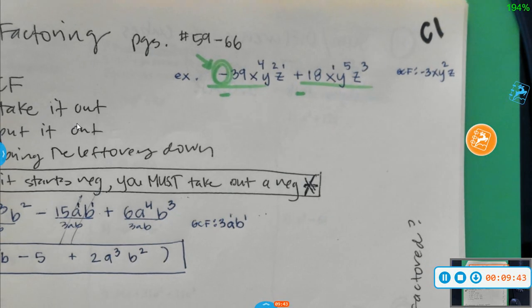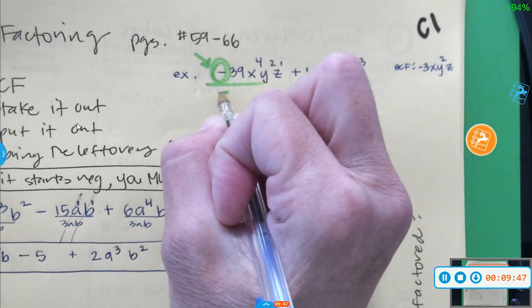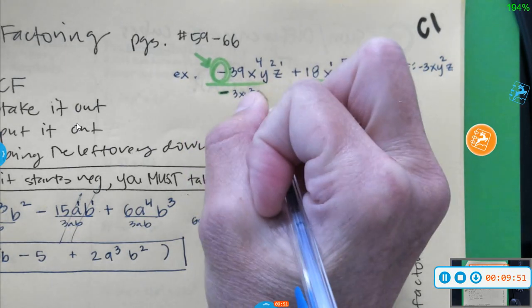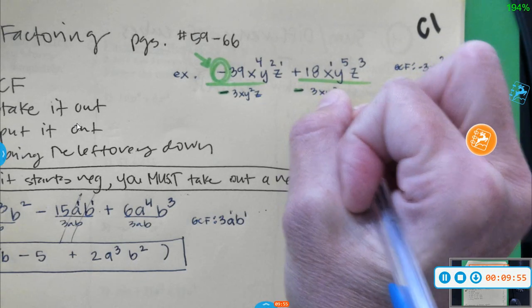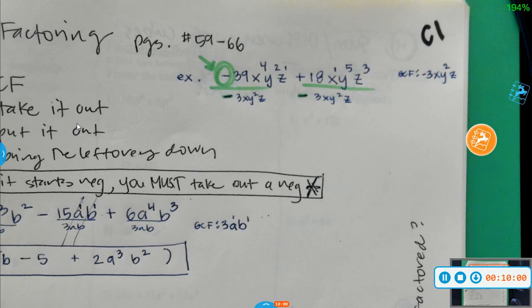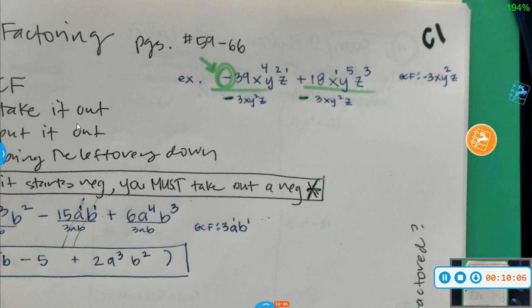All right, then we will follow our rules. Number 1, take it out. So I'm going to take out a -3 x y squared z and a -3 x y squared z. I take it out of both of the terms. If there's 2 terms, you take it out twice, 3 terms, 4 terms, 6 terms. You can do this for an infinite number of terms. Rule number 2 is to put that outside of the parentheses, and this will be your answer.